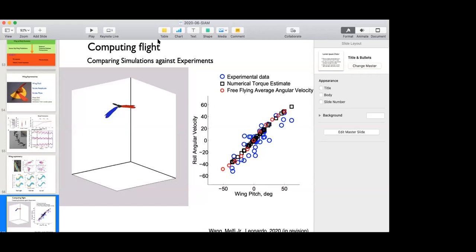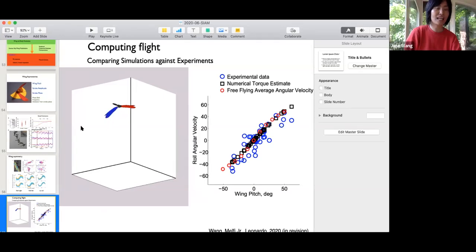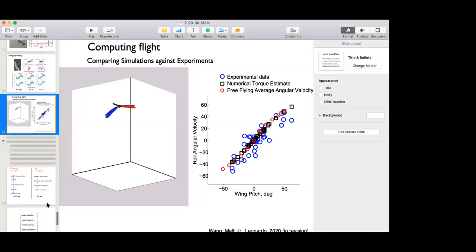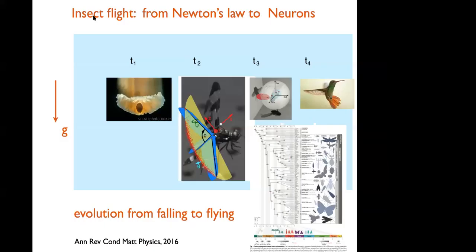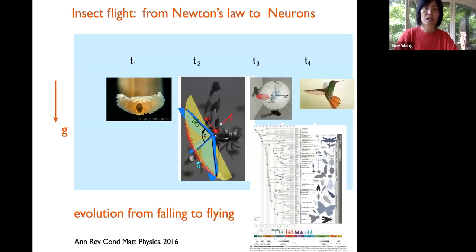I see. So maybe another question. You also showed hummingbirds at the very end. Birds are mostly two-winged, and hummingbirds stay at one place. Is it completely different, or do you have any idea? Well, I'm not an expert on this, but for birds, one of the very important things, as you can see in this picture very clearly, is that the tail fin is actually doing something.